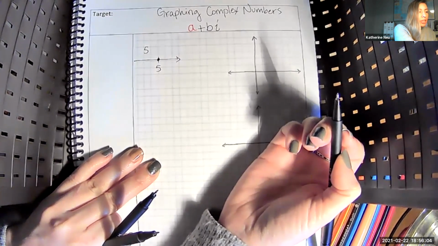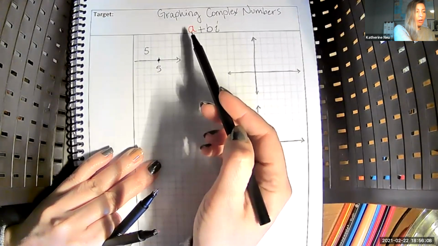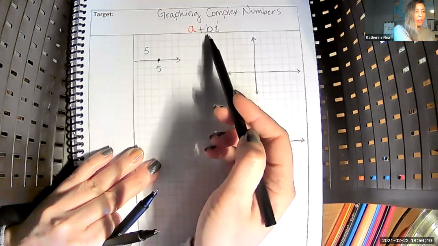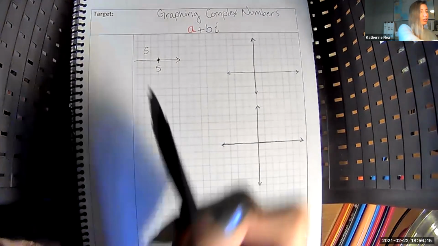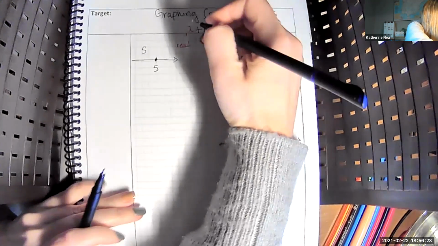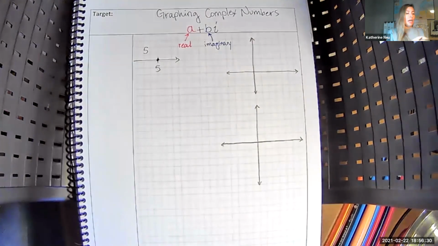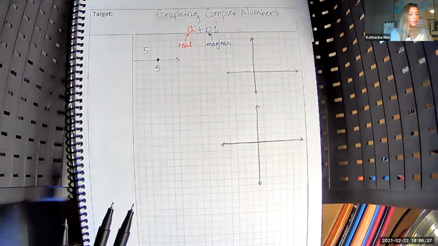That's actually really similar to what we're doing with complex numbers, except now not only do we have a real number, but we also have an imaginary number. There's a real part to complex numbers, and there's an imaginary part. Mathematicians said imaginary numbers are really just in another dimension.